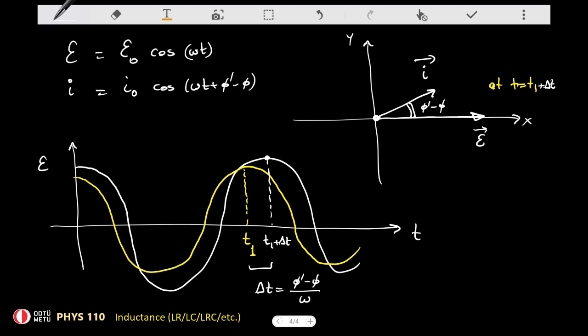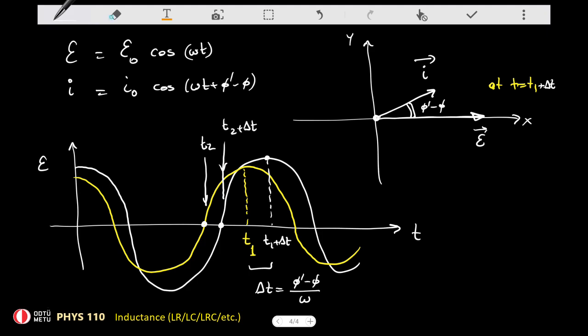So I can also relate this time difference to other things, for example, the time difference between the current becoming zero and the EMF becoming zero. So at these two times, let's say that this is T2. T2 is the time where the current becomes zero, and so slightly later, the EMF would become zero.